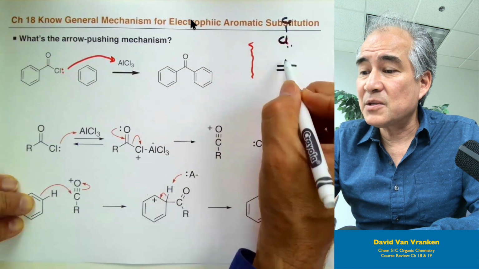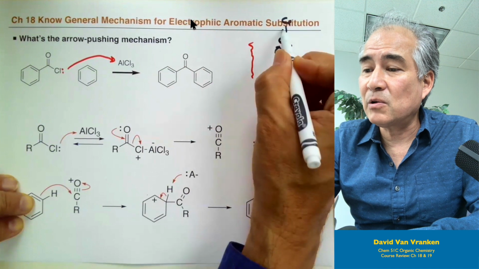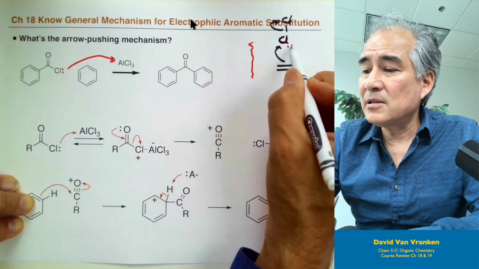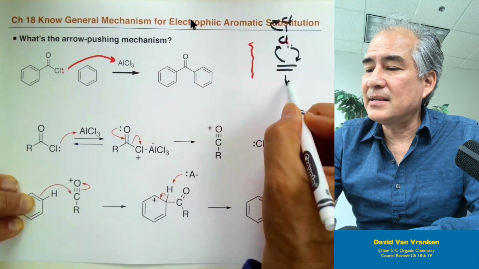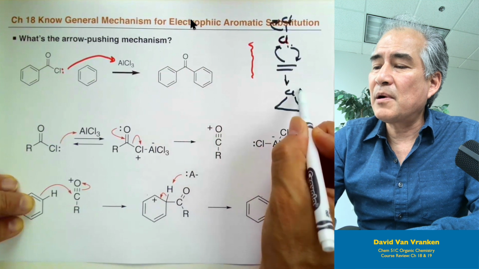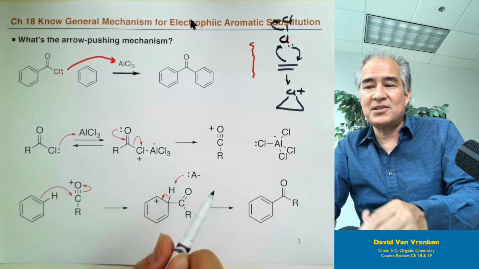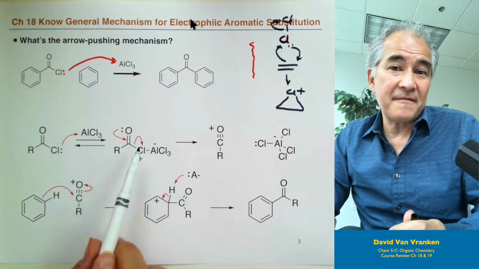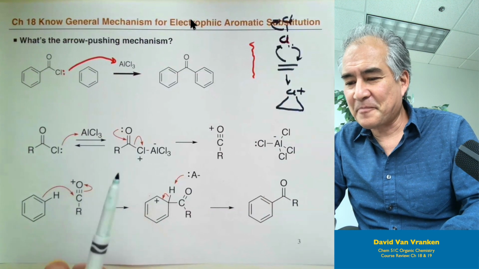And there's this process where you start by attacking and pushing out chloride anion. That's supposed to be a chloride up there. And then these lone pairs come back and you generated this cyclic 3-membered ring intermediate called a chloronium ion or a bromonium ion. So you have seen halogens before with 2 bonds and a positive charge. So this shouldn't be that freaky to you, but maybe it is.